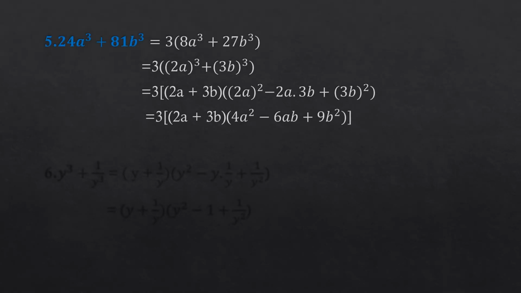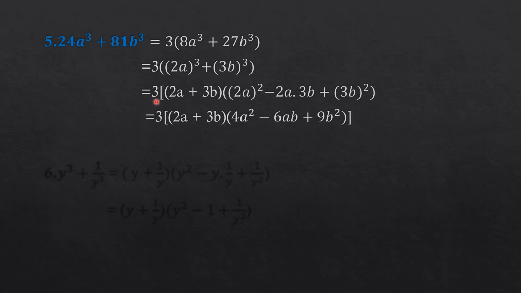Now fifth example, 24a cube plus 81b cube. Here again we can take 3 as common and write 3 into 8a cube plus 27b cube is equal to 3 into 2a bracket cube plus 3b bracket cube. Here 8a cube and 27b cube are complete cubes.